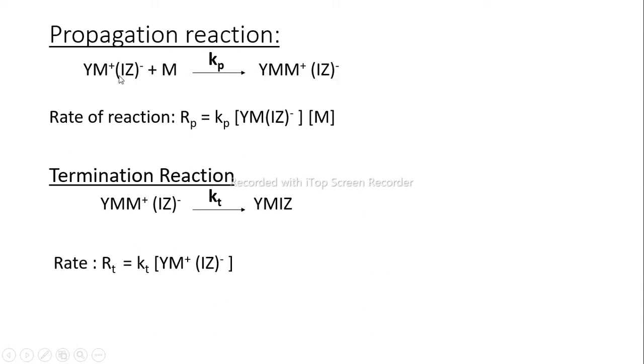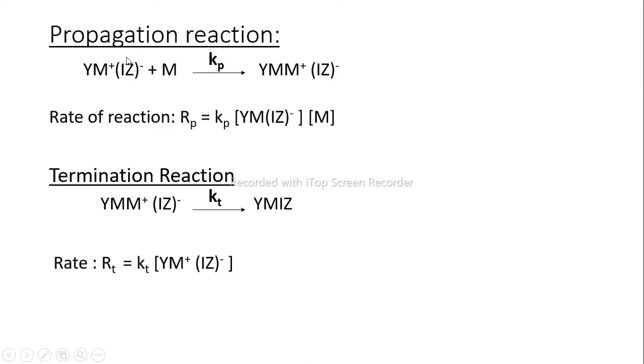Note that here the radical IZ, which is a negative radical, does not react in this reaction, and the positive charge of the M is then forwarded to another carbon atom in this monomer, to which our carbocation reacts.